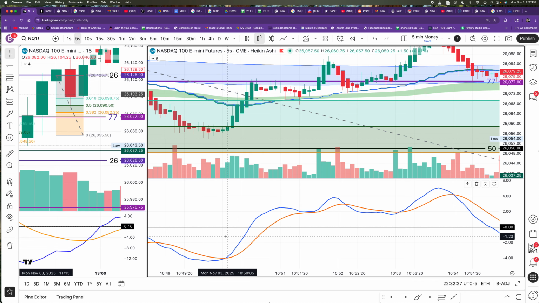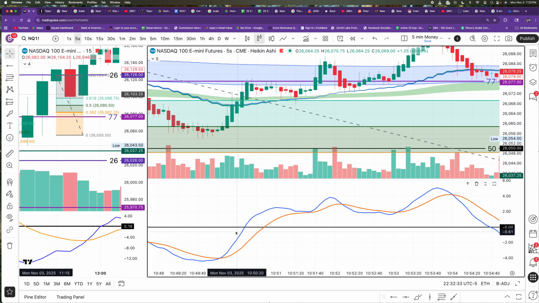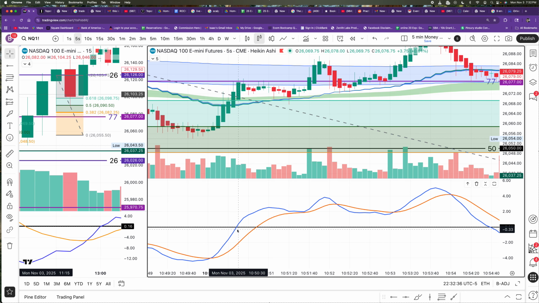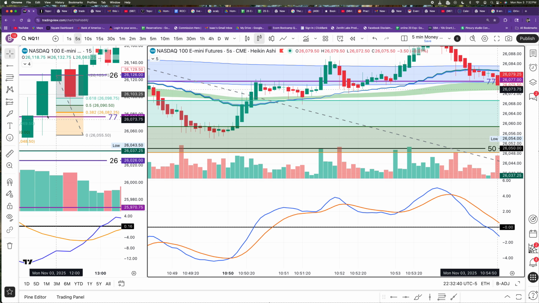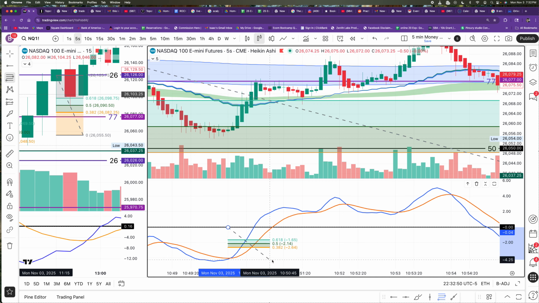I really have to have a MACD cross. Typically it's going to be under the zero line, and I used to wait until it hit the zero line, but I was finding myself getting in a little late. So now what I've done is I'm measuring the distance between the zero line and the MACD cross.